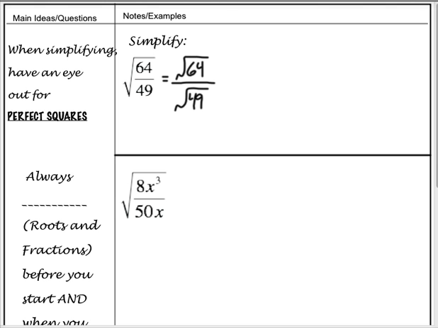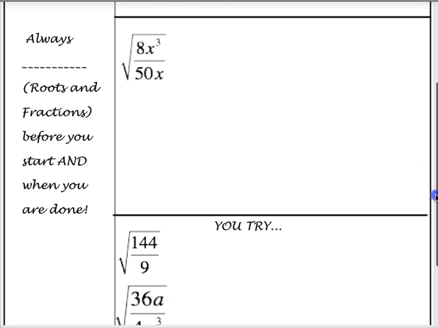Well, the square root of 64 is 8. The square root of 49 is 7. So that's what I mean by pulling apart the fraction. Just take the square root of the top and the square root of the bottom. Now, of course, it can get a little bit more complicated than that.